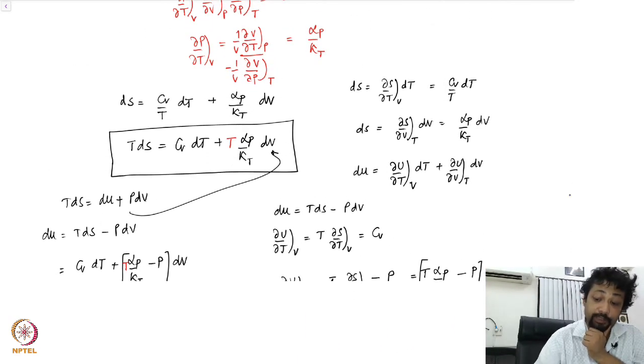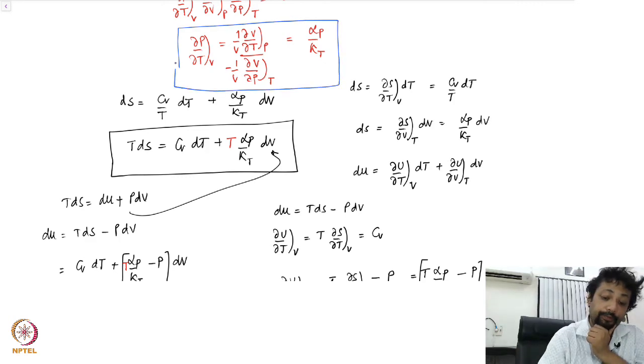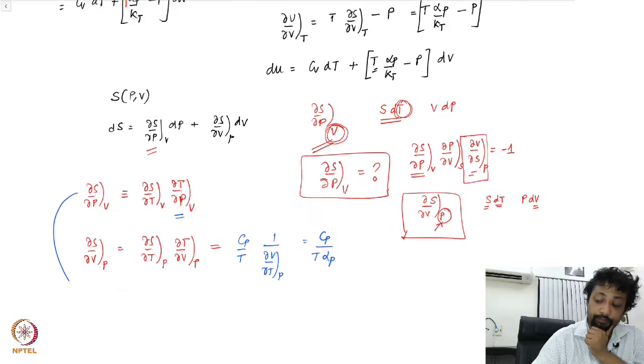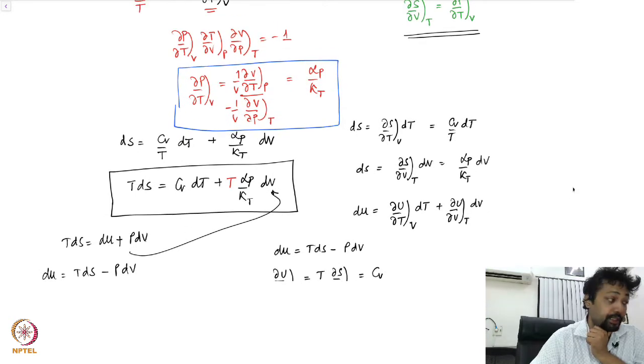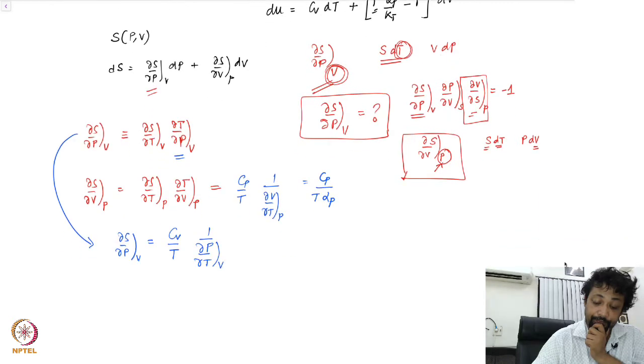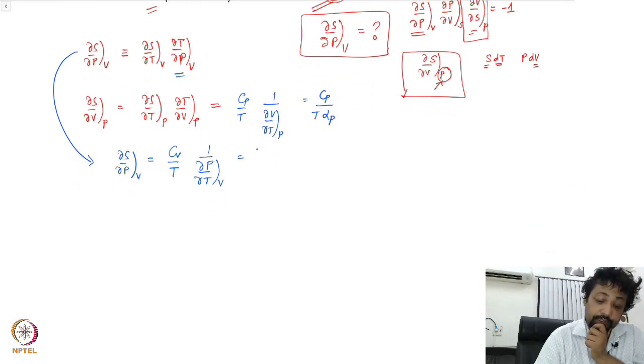It's alpha P by kappa T. I can use this now. Del P del T is alpha P over kappa T. So this is Cv over T, 1 over alpha P by kappa T.